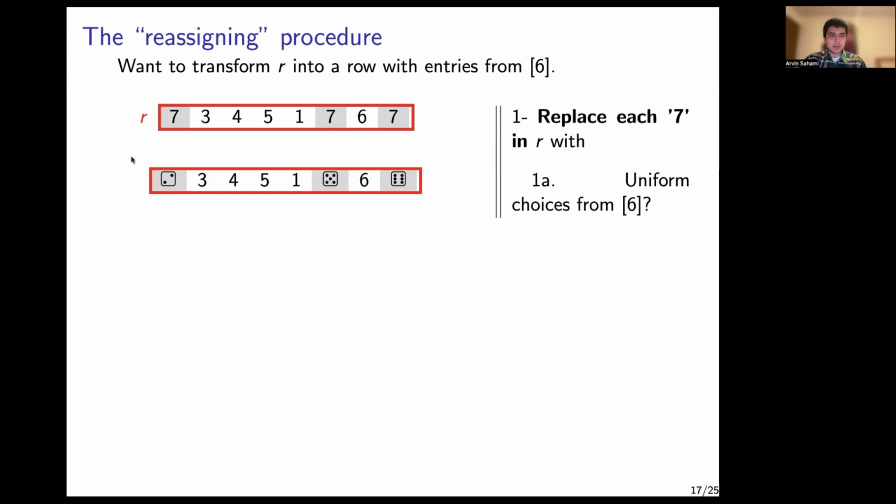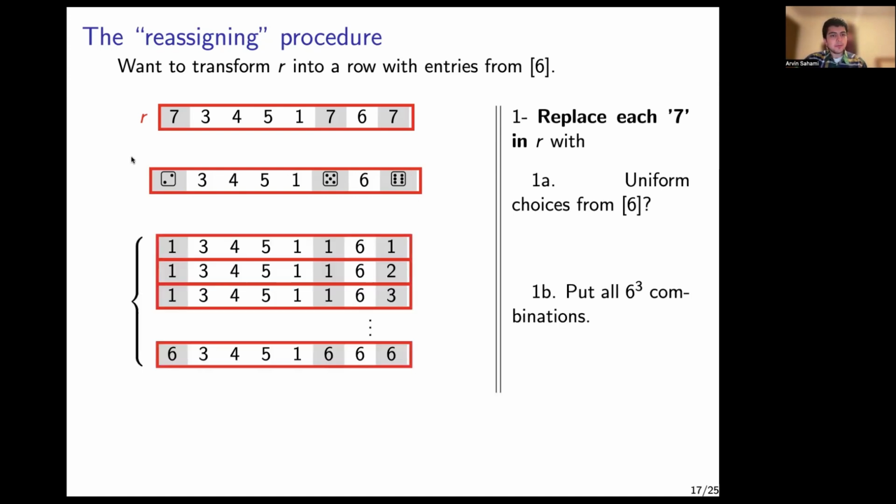So a way to put numbers there would be to just take all the 6 to the 3 combinations in this case. And so this single row R would produce an ensemble of rows.